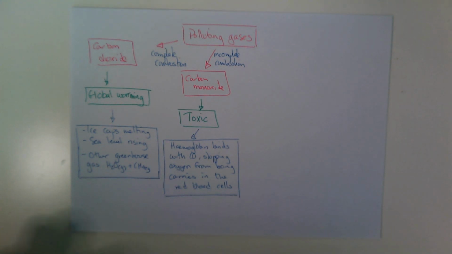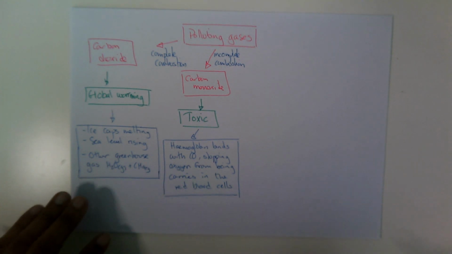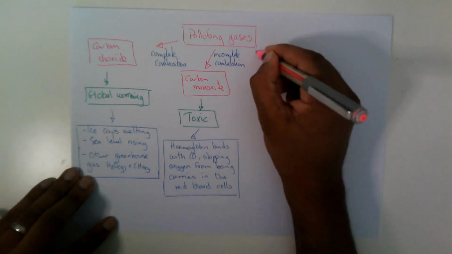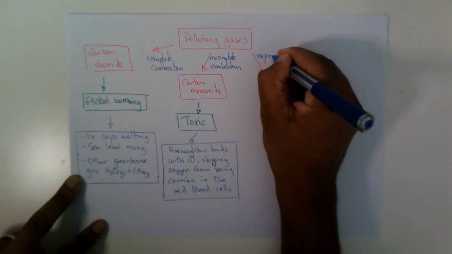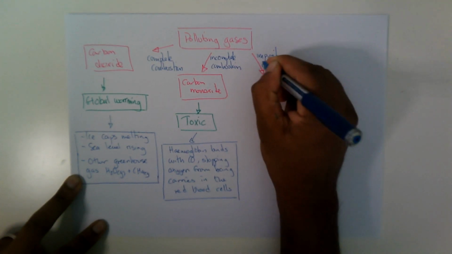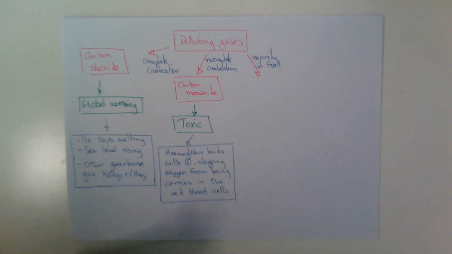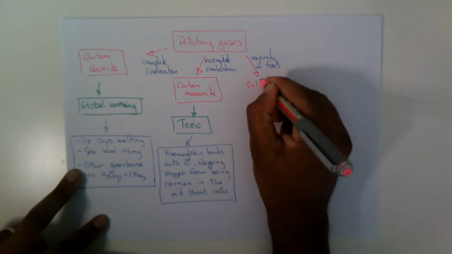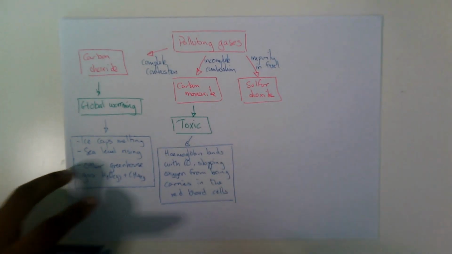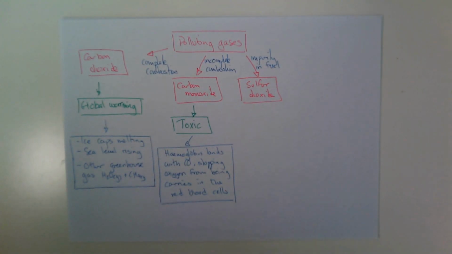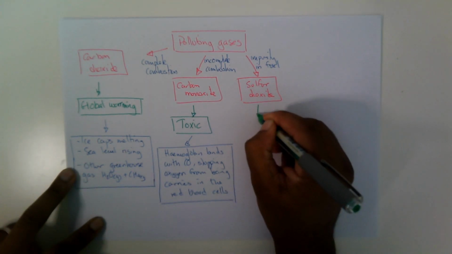Now, then we look at impurities in fuel. There are two main impurities that we get. One particular impurity that we get in petrol is sulfur. When sulfur burns, it produces sulfur dioxide. Sulfur dioxide has a direct link to causing acid rain.